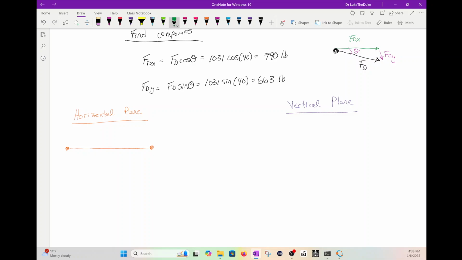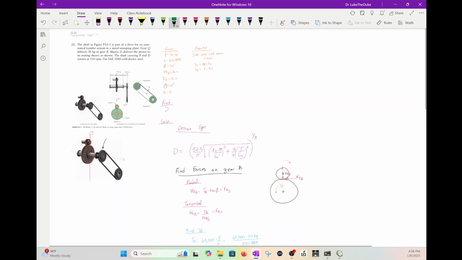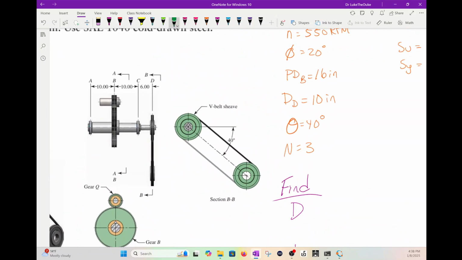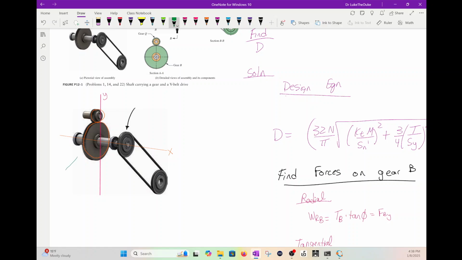Okay, so we have up, RAX, that's the reaction. If I go all the way up, it's going to be this reaction here. We're going to need a reaction here. We know these forces now. We know this force, and we know this force. And again, we're going to be looking at the forces acting in that direction.